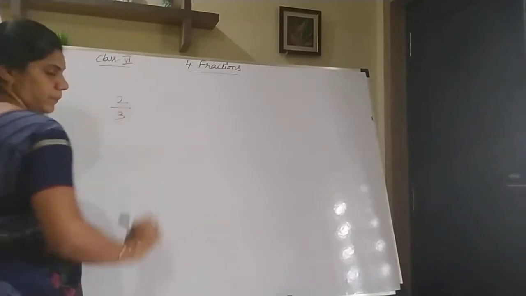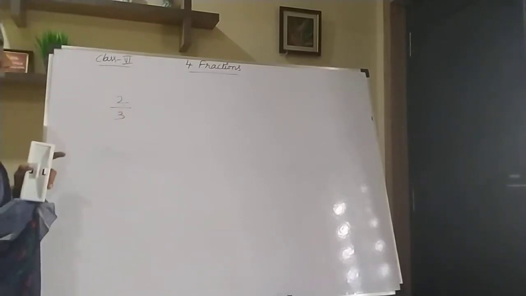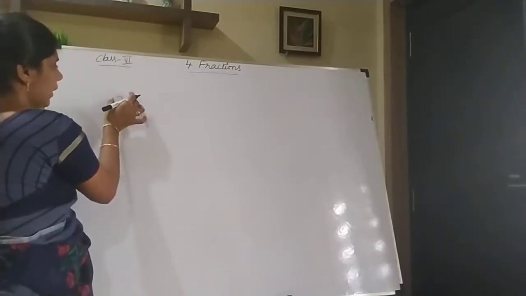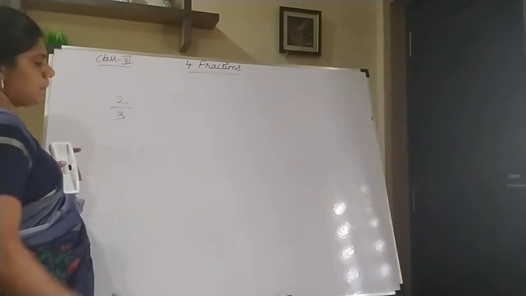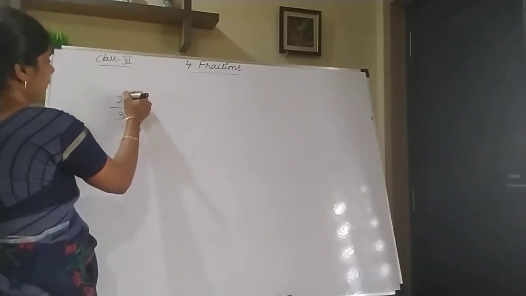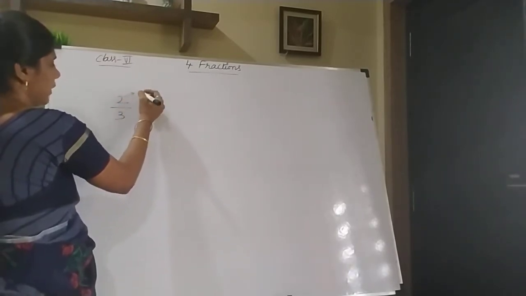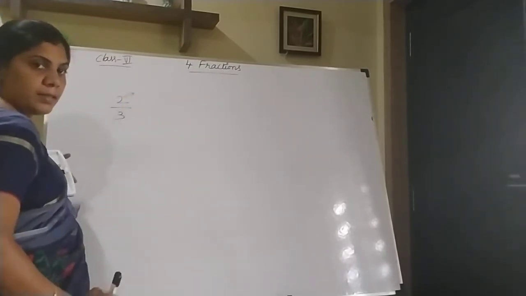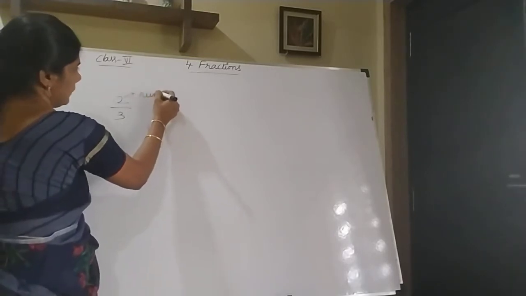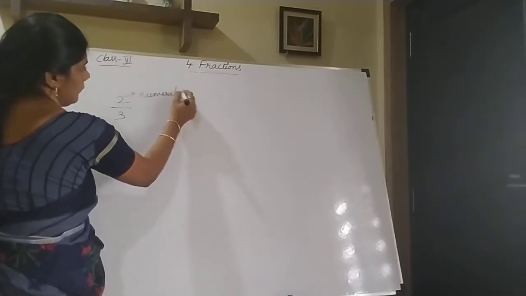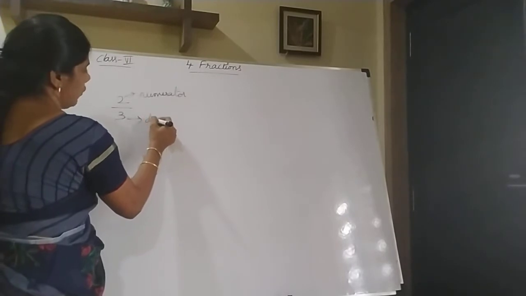2 by 3. I am taking 2 by 3. That means among 3 parts, I am taking 2. So, if you observe here, in these type of fractions, the upper one is called the numerator, and this one will be called the denominator.